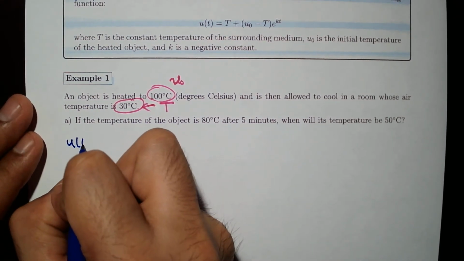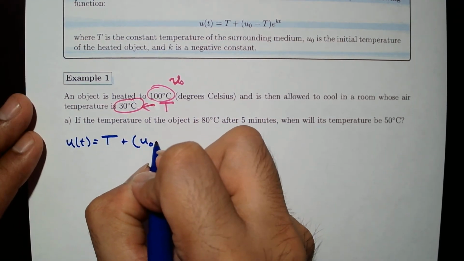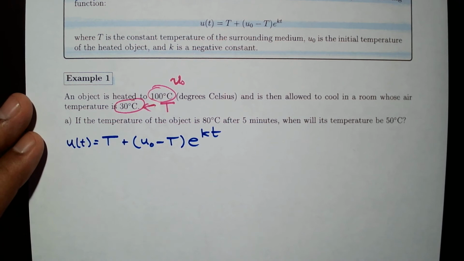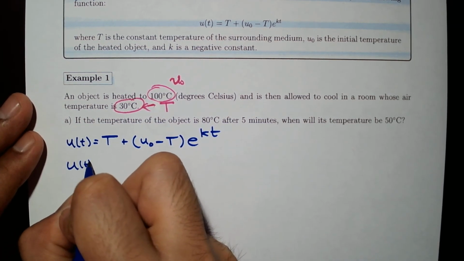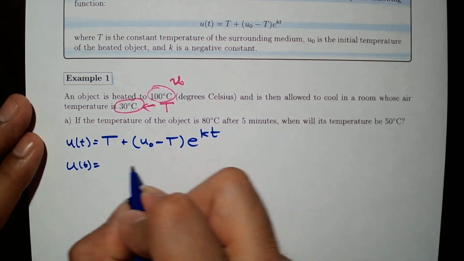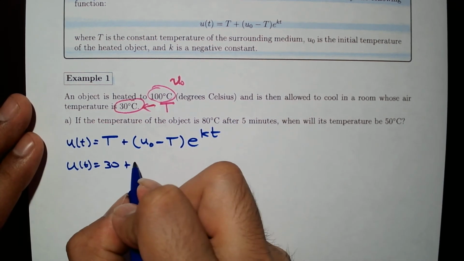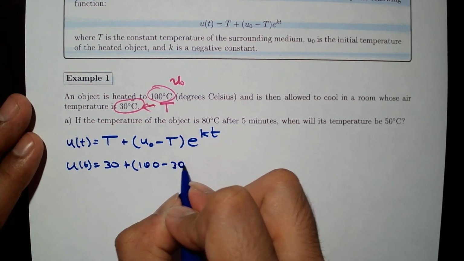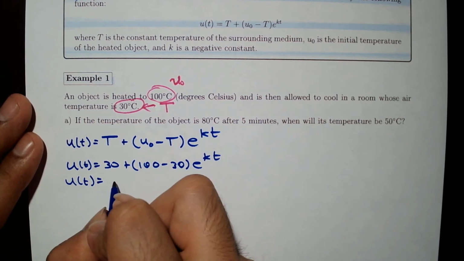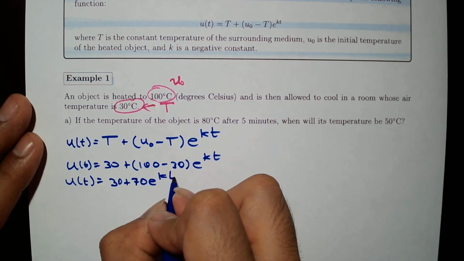So let's write the mathematical model with this given information. U of t equals big T plus U initial minus big T, e to the kt. Given that we know big T is 30, we have 30 plus 100 minus 30 e to the kt, which is 30 plus 70 e to the kt.